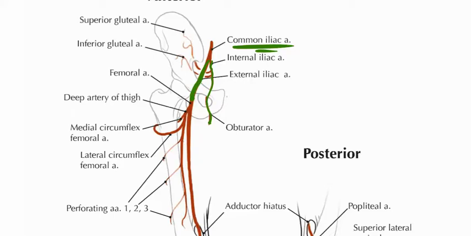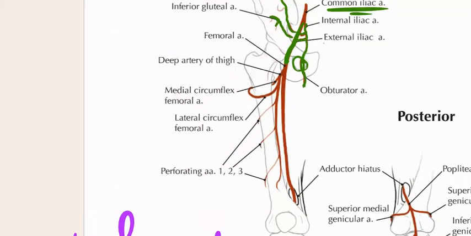Then your internal iliac is going to give rise to your superior gluteal and your inferior gluteal arteries, and it'll also give rise to the obturator that's going through the obturator foramen.